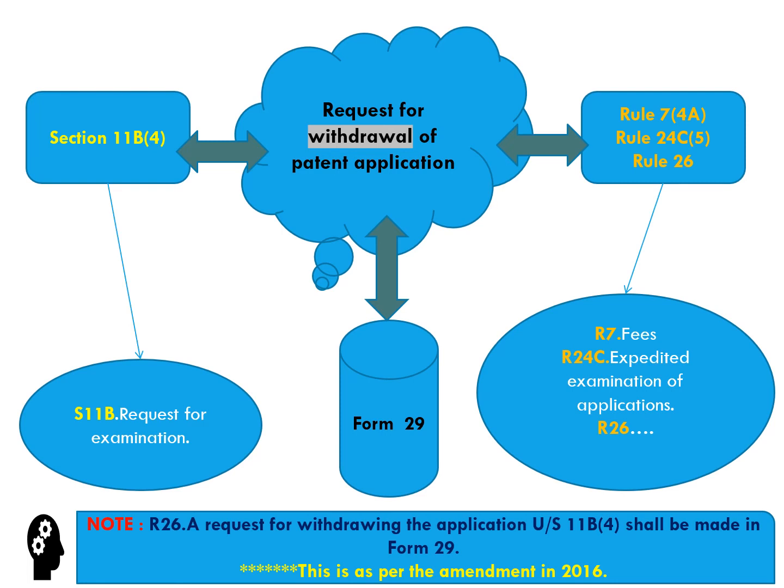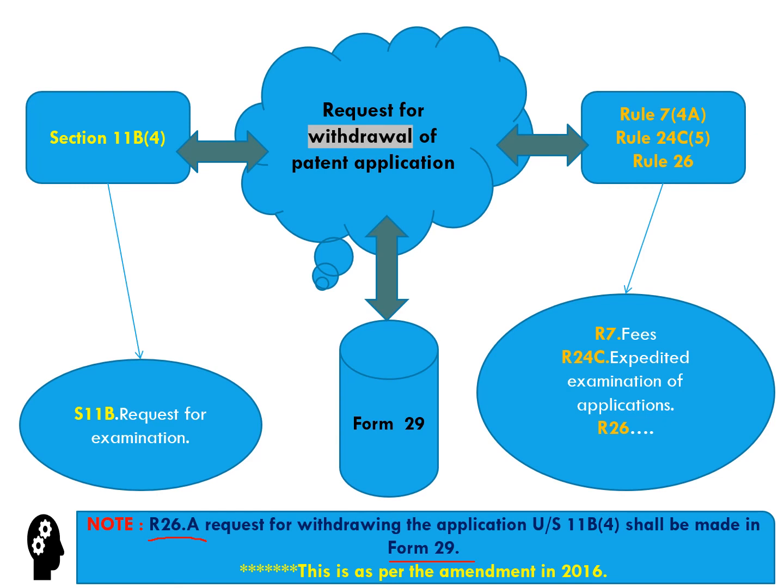Fine. Then is Rule 26. Rule 26, what is it? Rule 26 says a request for withdrawing the application under Section 11B subsection 4 shall be made in Form 29. Actually this is an amendment, as per the amendment in 2016. Before that, Form 29 was not mentioned.